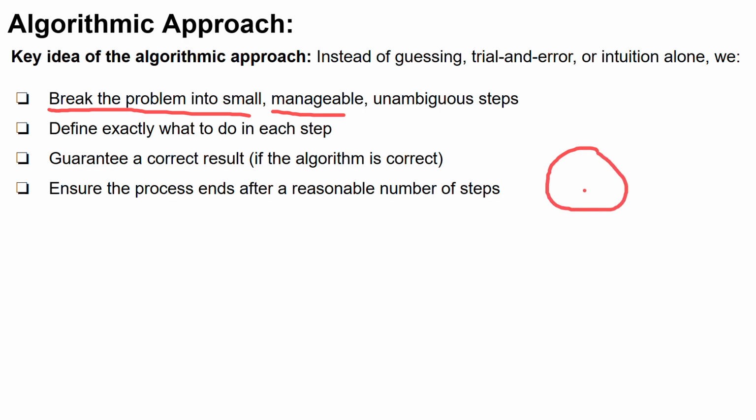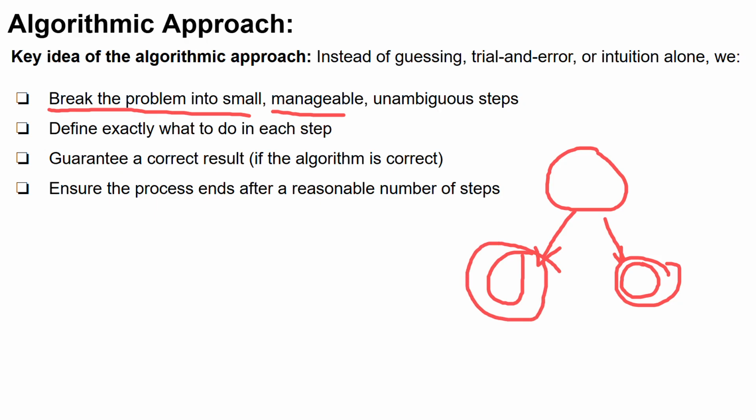This large problem is divided into subproblems. We'll be solving these subproblems individually. Then we'll be combining them so that we obtain the final solution. So that is breaking down the problem into small, manageable and unambiguous statements.